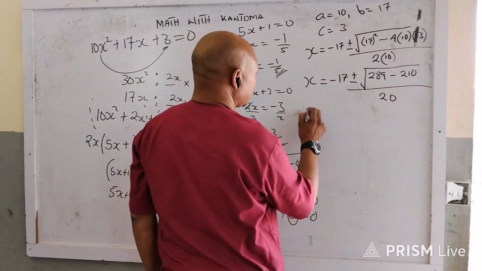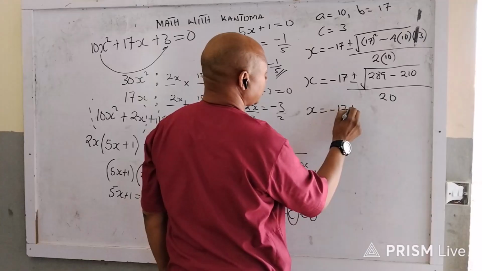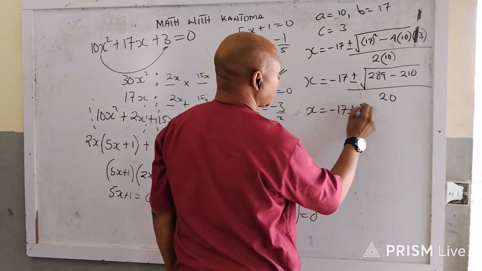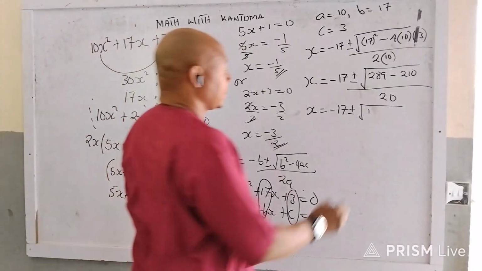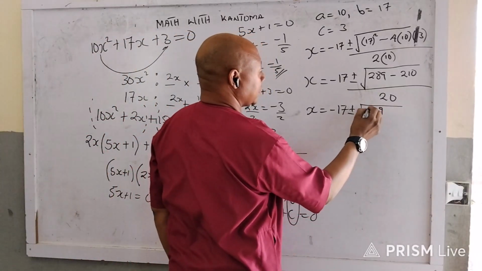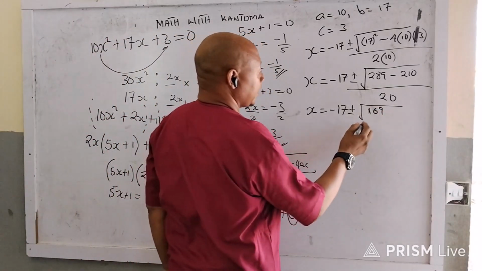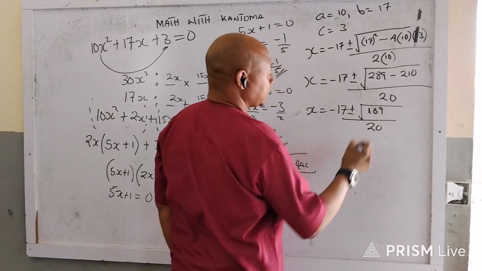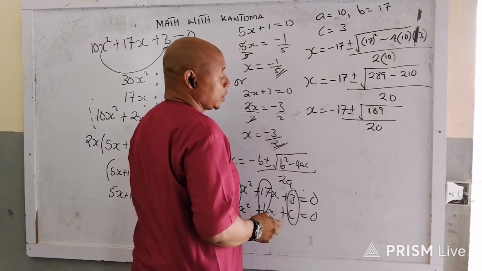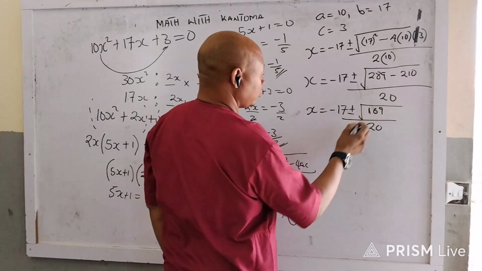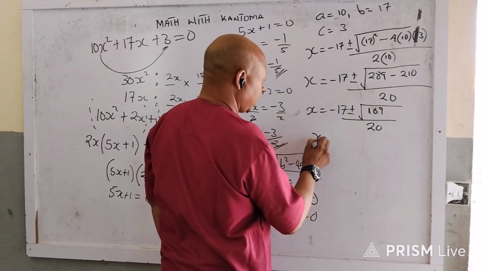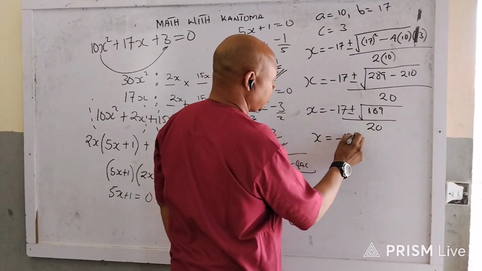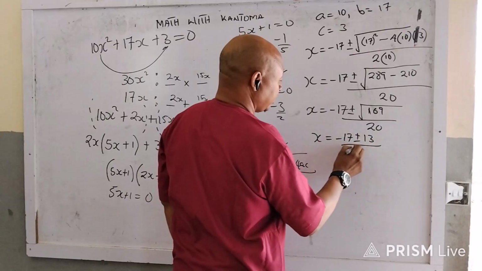So next, x is equal to minus 17 plus or minus square root of 289 minus 120, which is 169. Then divided by 20. So the square root of 169 is 13. So I have x is equal to minus 17 plus or minus 13 divided by 20.